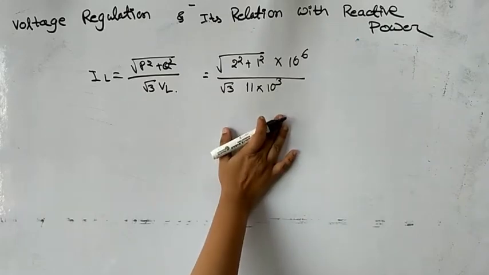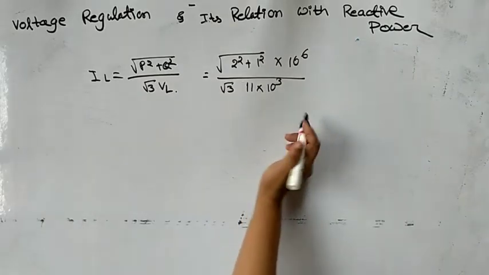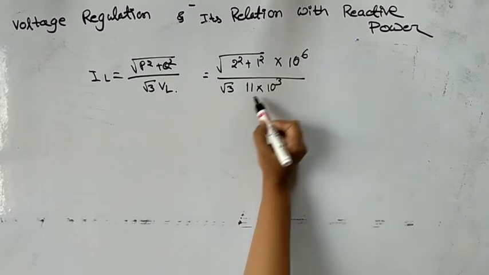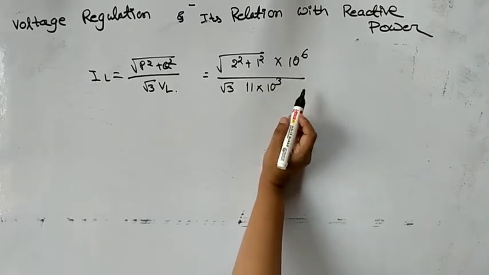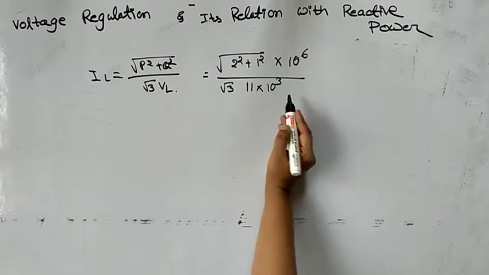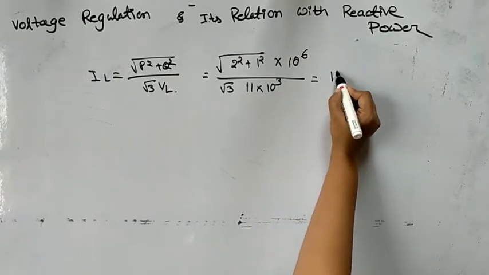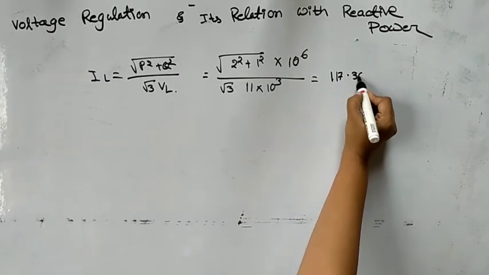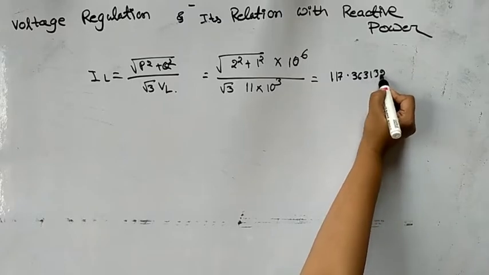So we have to convert the power to VA and the voltage to volts. This equals 117.363132 ampere.